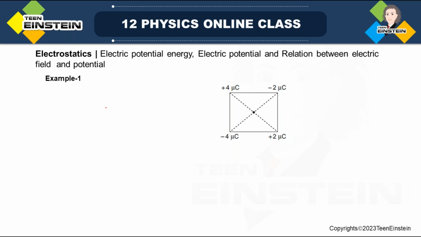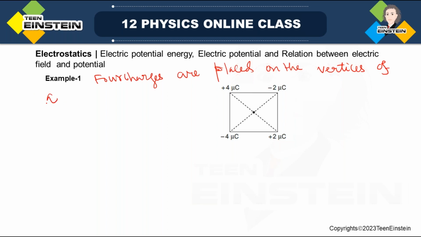The question is that four charges are placed on the vertices of a square as shown in the figure.